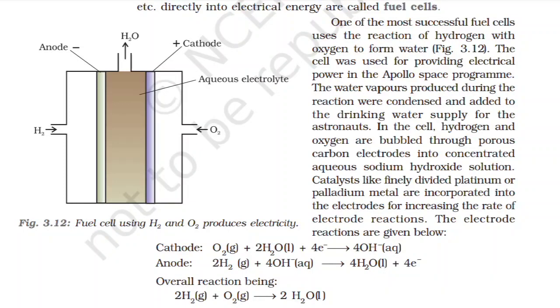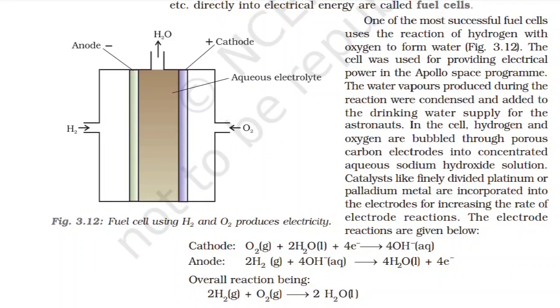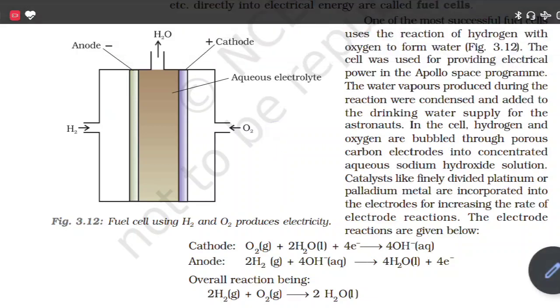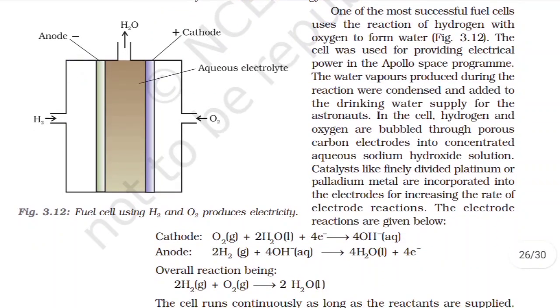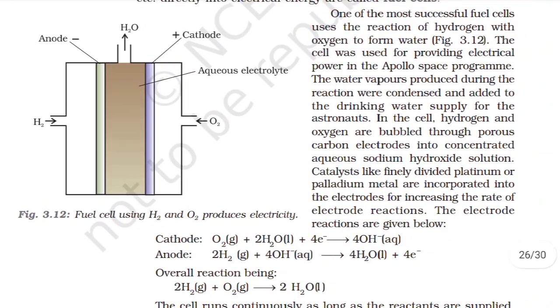I will explain how they used it. Hydrogen is sent from the left side and oxygen from the right side. This part acts as the anode and this one acts as the cathode. Here also anode and cathode are compulsory.